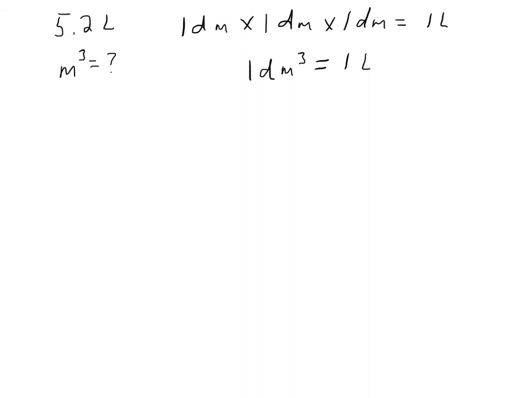I want to cancel out liters, so I'm going to take what I know, 5.2 liters, and liters needs to go on the bottom to cancel out. So 1 liter is 1 cubic decimeter.